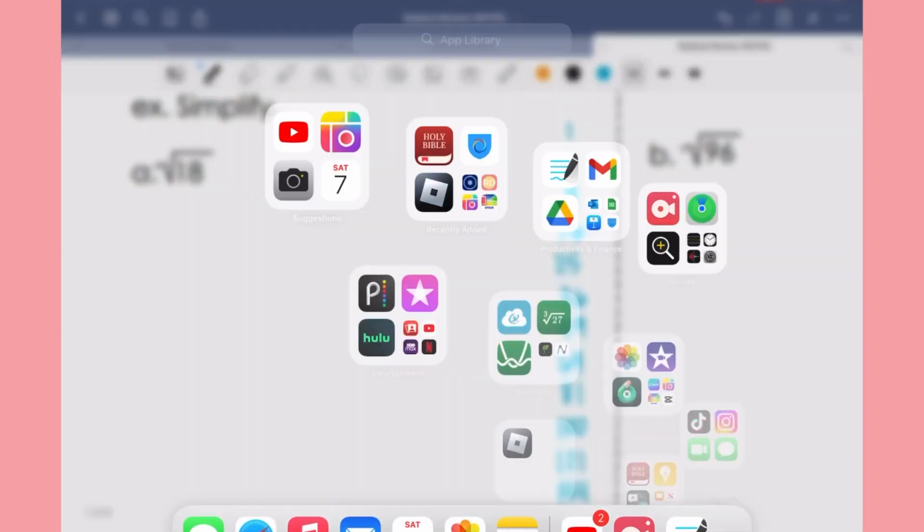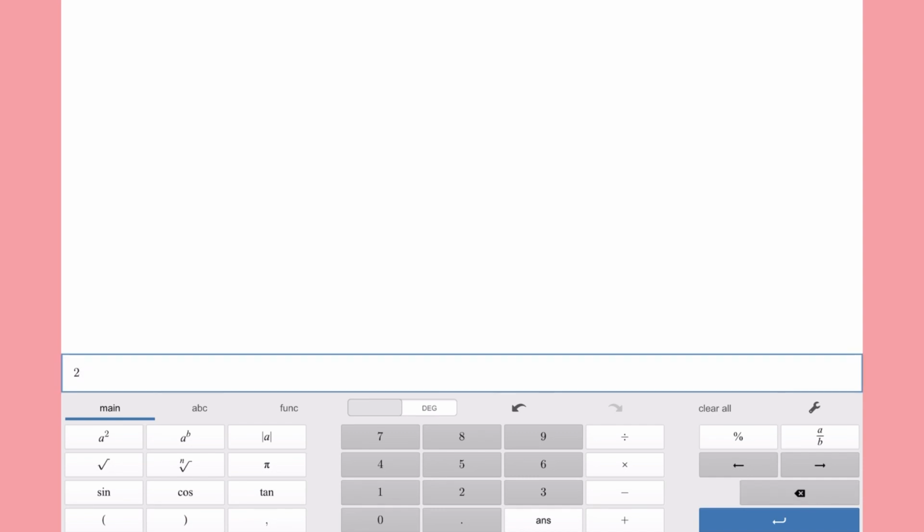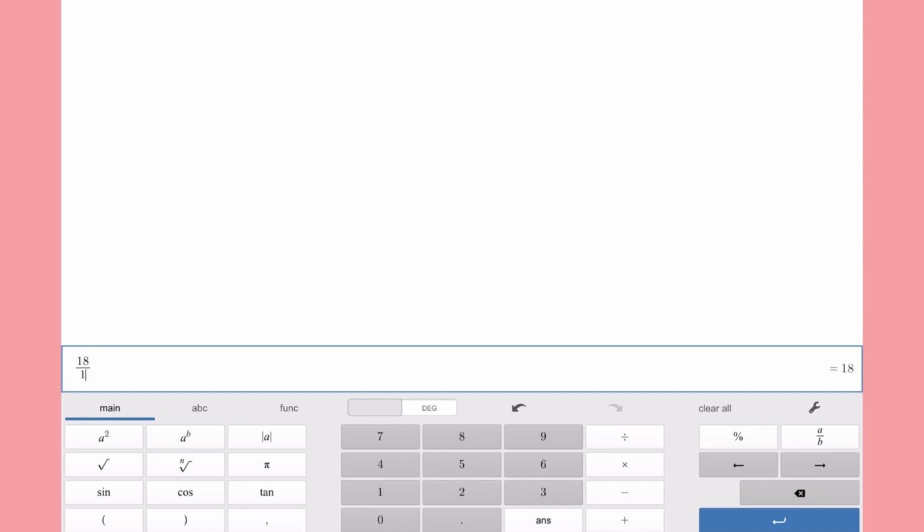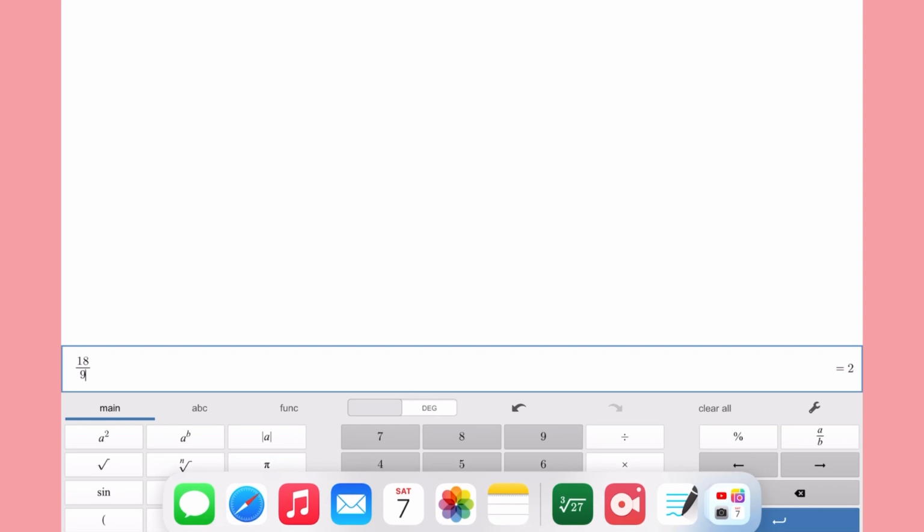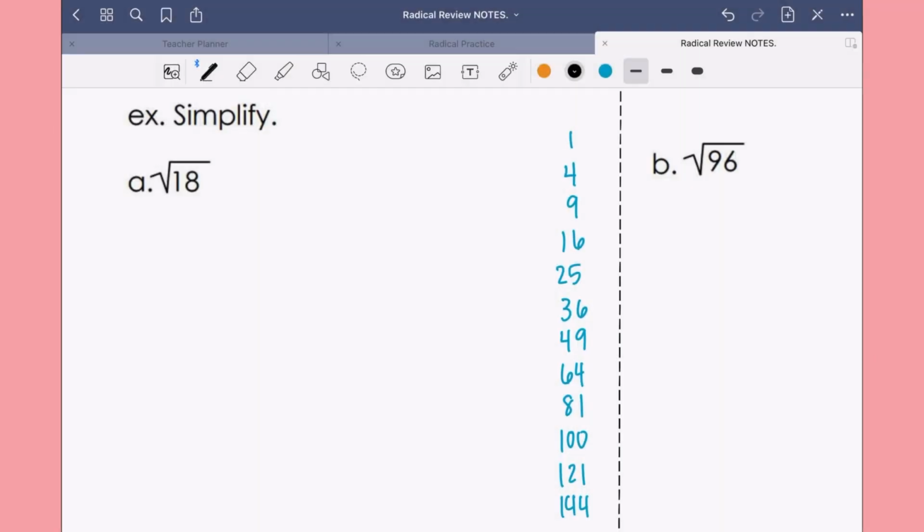If you didn't know that, you would just get your calculator and divide it and see which one works. So if I do 16, it gives me an irrational answer. So that one didn't work. 18 divided by 9, yes. 18 divided by 9 is 2. So those are going to be the 2 factors that I rewrite under my radical.